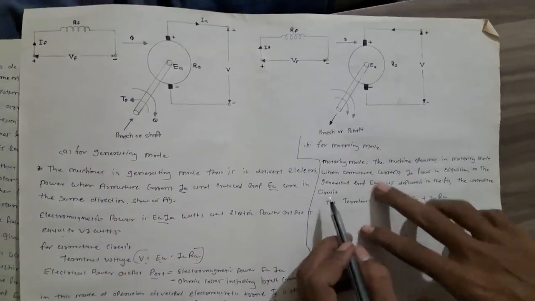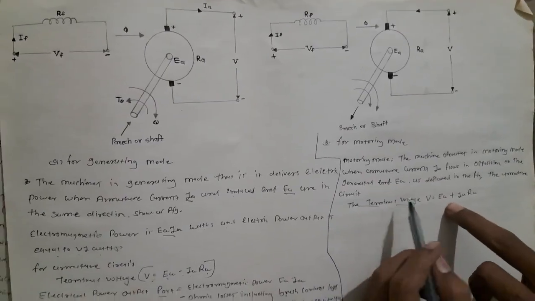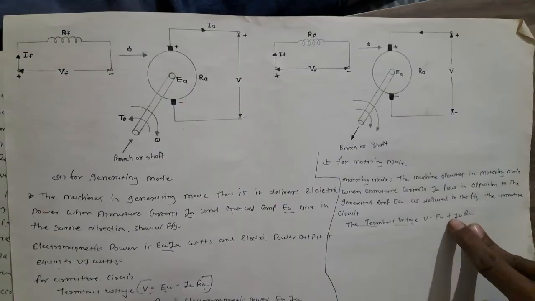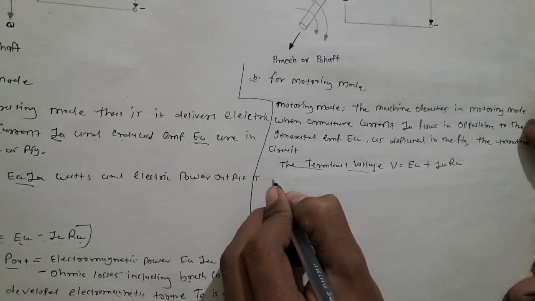And in this motoring mode the terminal voltage V is equal to EA plus IA RA.